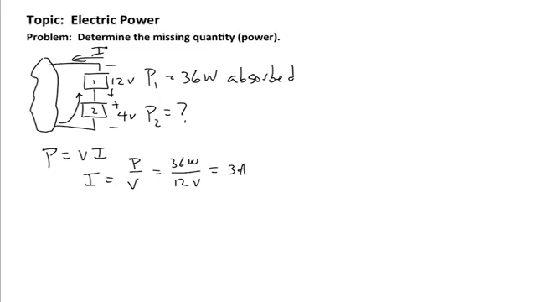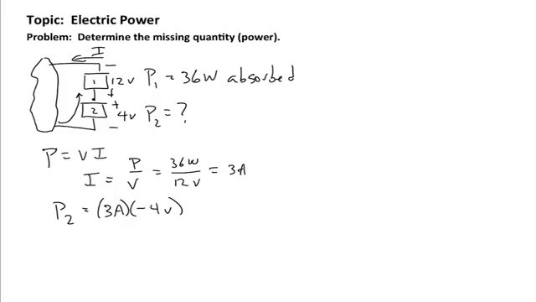And so for element 2, P2 is going to be the current, 3 amps, and the voltage, which is minus 4 volts. The reason we chose minus 4 volts is because if you look at the current, it is flowing into the bottom side of element 2 where the polarity is negative.